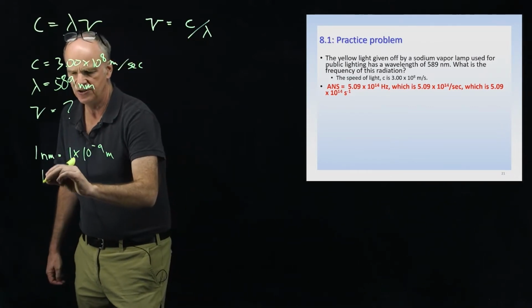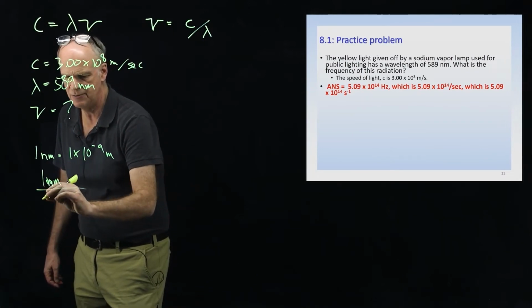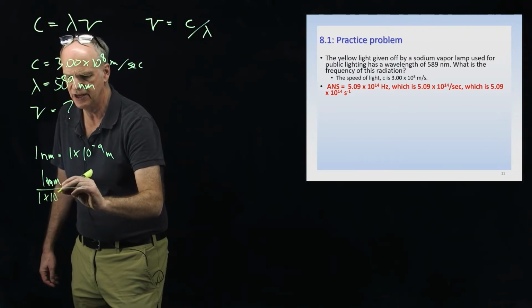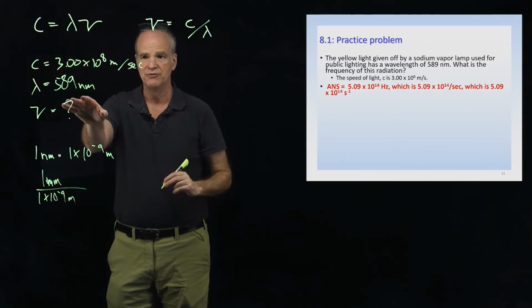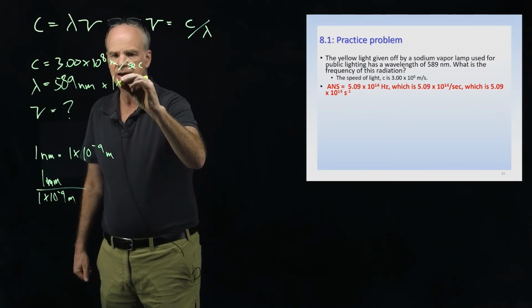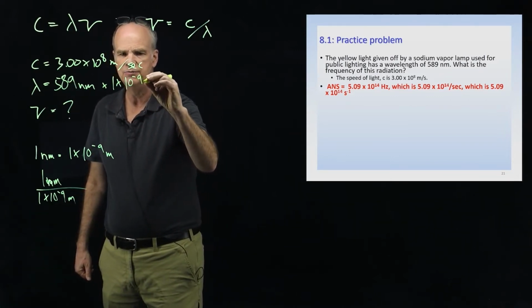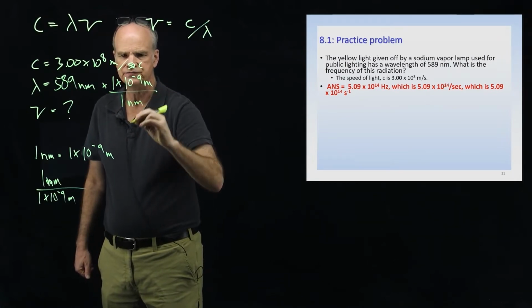And so what you can do is write out a couple of fractions here. Let me write 1 nanometer over 1 times 10 to the negative 9 meters. What I'm going to do is convert nanometers to meters, and so I'll write times 1 times 10 to the negative 9 meters over 1 nanometer.